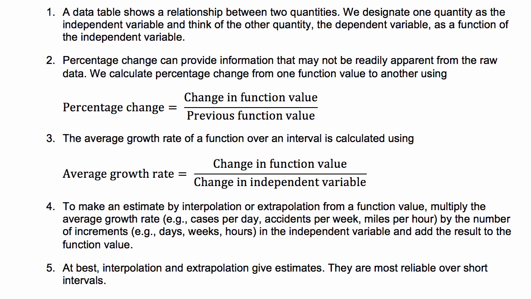To make an estimate by interpolation or extrapolation from a function value, multiply the average growth rate by the number of increments in the independent variable, and then add the result to the function value. Number 5. At best, interpolation and extrapolation give estimates. They are most reliable over short intervals.